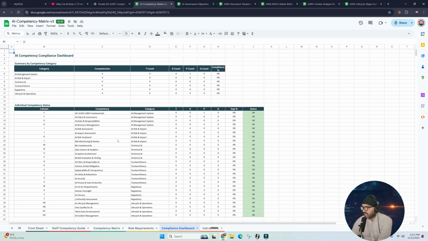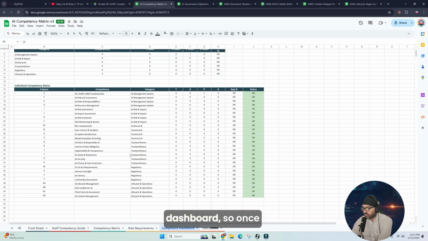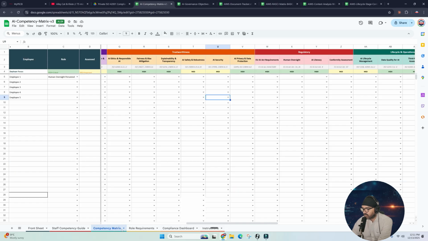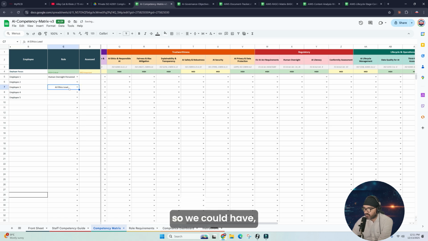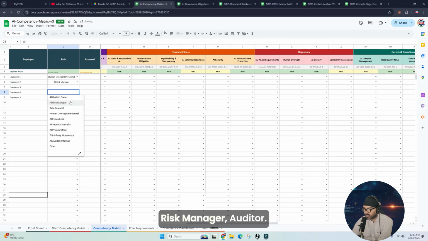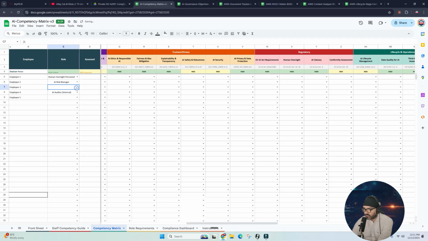We have a dashboard. So once you've finished, let's have a look. Once you've finished completing this, adding the employee's name, there's a list here of what they do. So we could have risk manager, auditor. I'm not sure what's happened there. I'll have to check that.